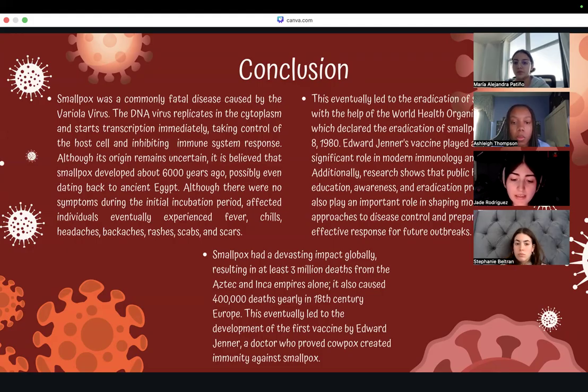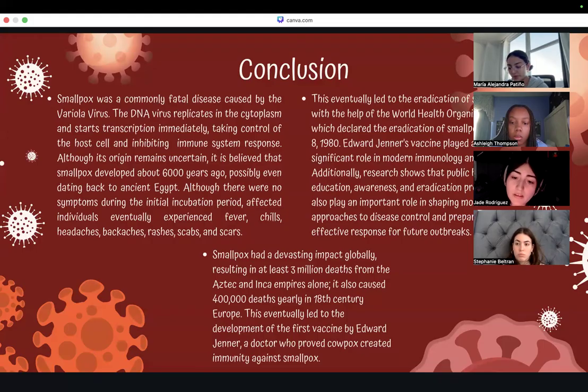This eventually led to the development of the first vaccine by Edward Jenner, a doctor who proved cowpox created immunity against smallpox and is also considered the father of immunology. This eventually led to the eradication of smallpox with the help of the World Health Organization, which declared the eradication of smallpox on May 8th, 1980.